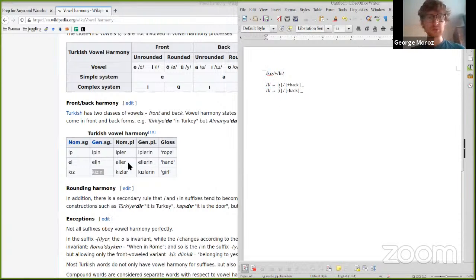But when we have this one, again this plus this will be realized as this, and as this.